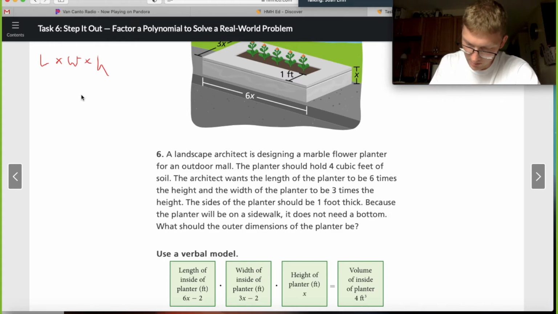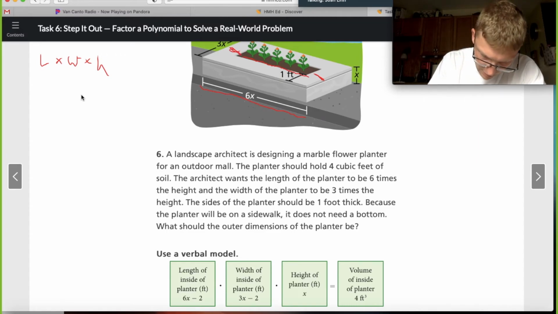So for this inside here, the length is going to be this total length minus 1 foot and minus 1 foot. So our length is going to be 6x minus 2.